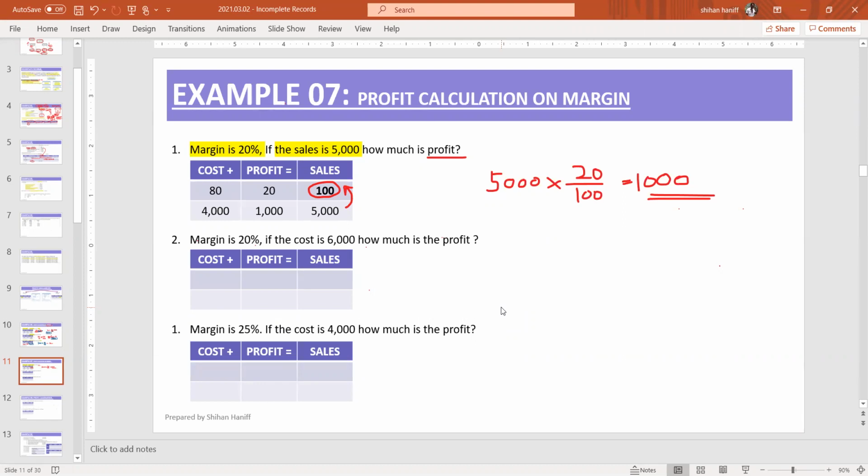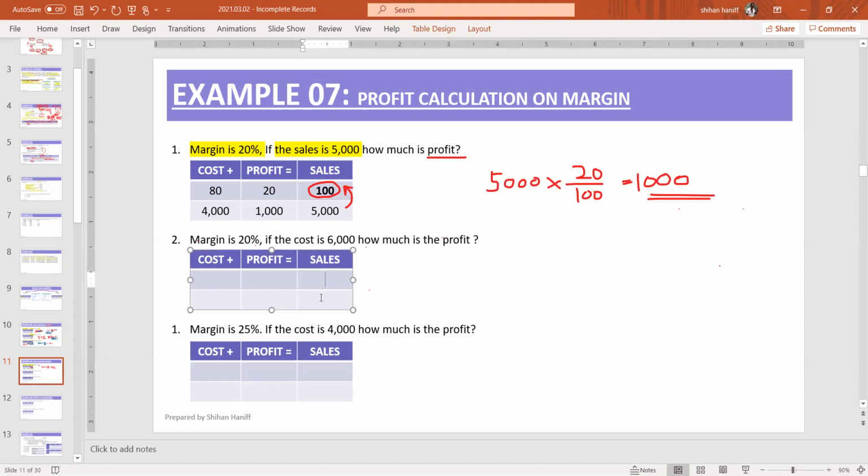I need the profit, not the selling price or anything else. Profit. Write the equation: cost plus profit equals selling price. Margin means sales is 100, profit is 20, cost is 80.